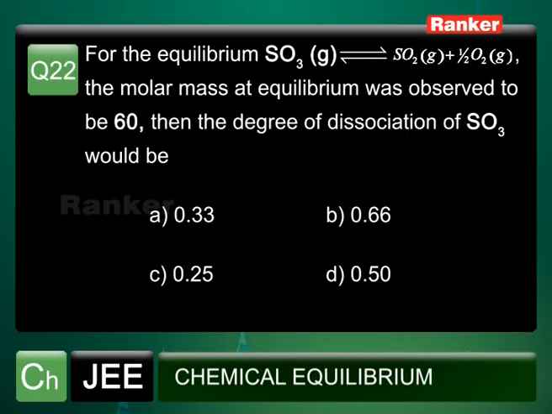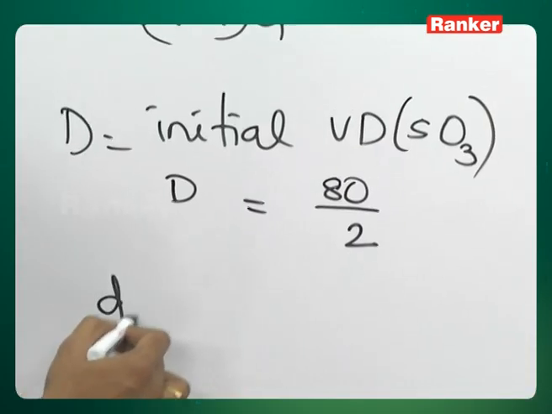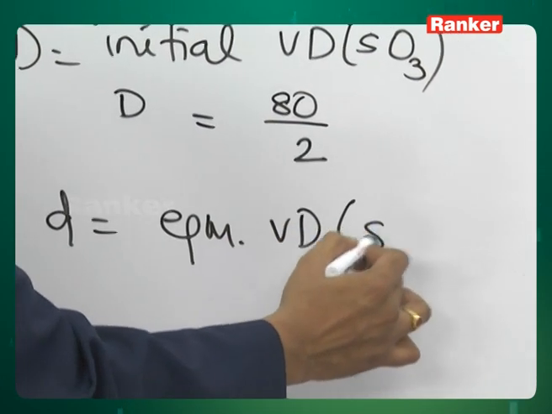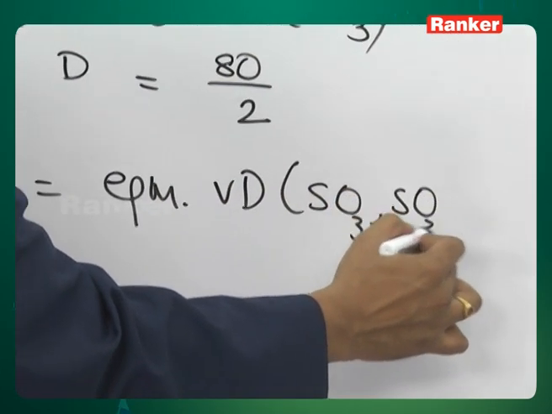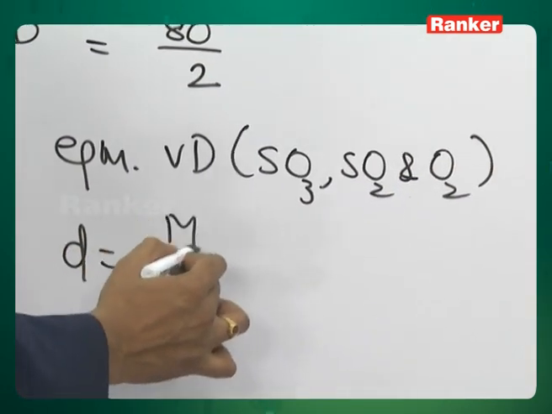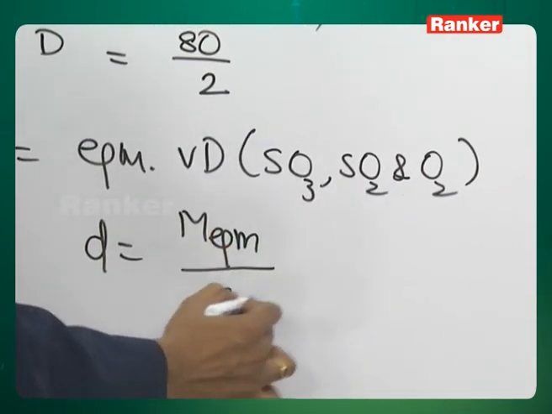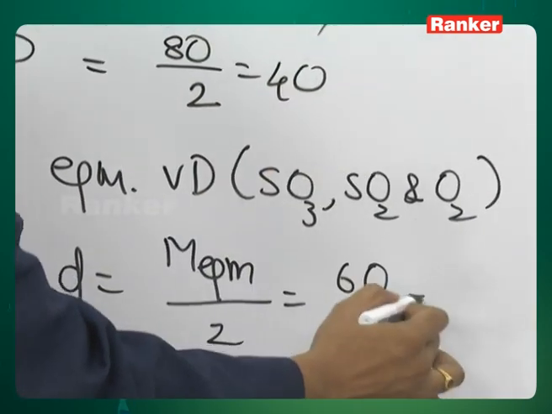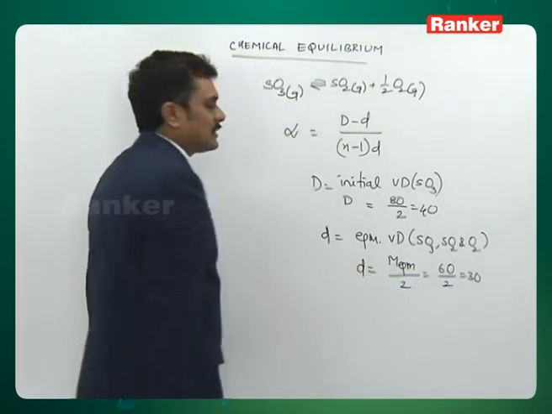Then the degree of dissociation is asked by giving the equilibrium molar mass. Now, the equilibrium vapor density is due to SO3, SO2 and O2. The small d will be equal to the molecular weight at equilibrium by 2, which is 30 in this case, because the equilibrium molar mass is given as 60.